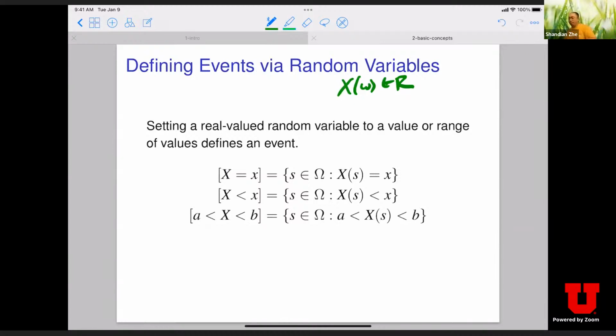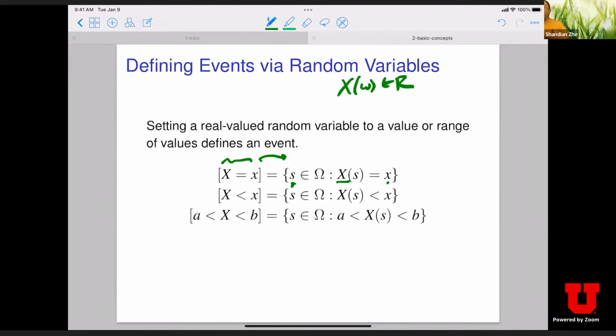For example, when the random variable takes a particular point x, it actually corresponds to the event that is the subset of samples s in omega such that the random variable value at s is x.